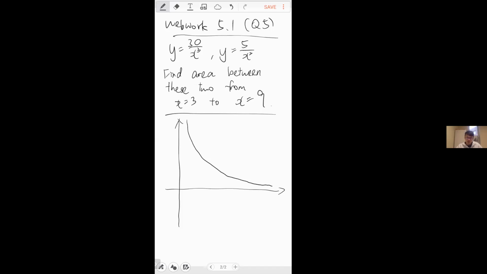It also looks like this, but there are two situations. One is it could be like this, where there's no intersection. It could also be like this.